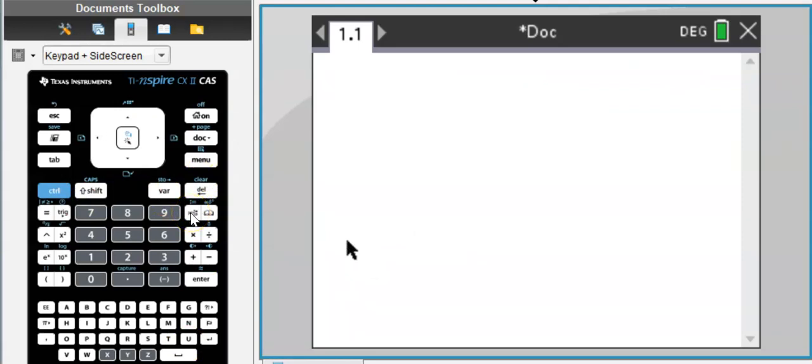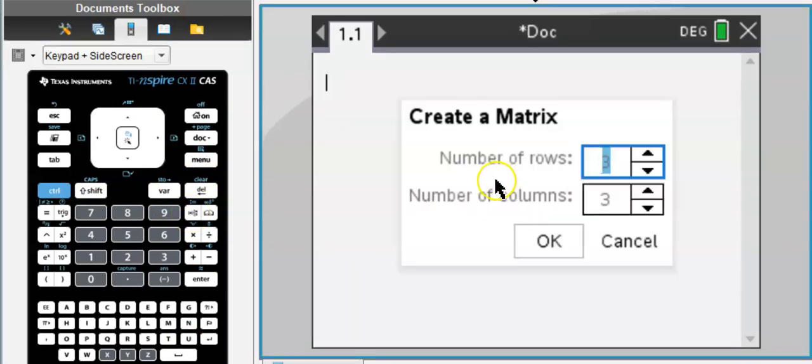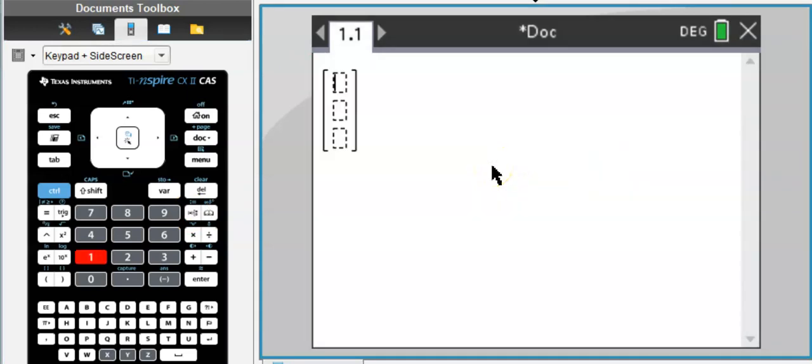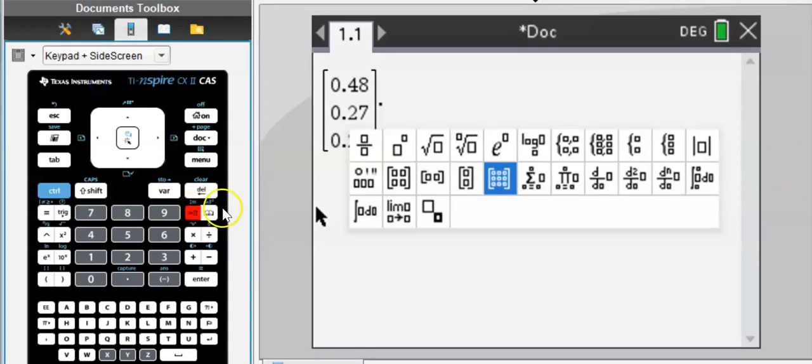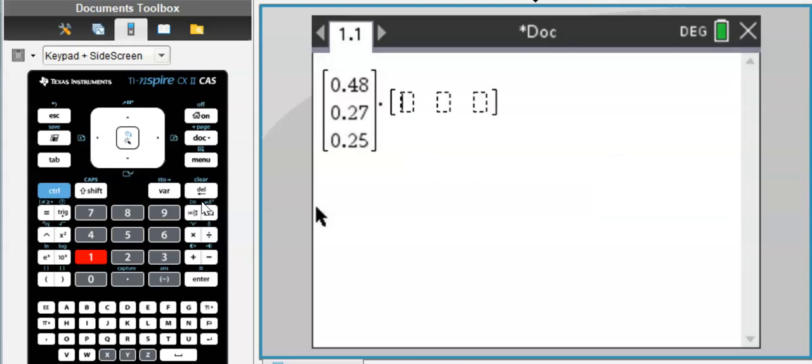Okay, so entering matrix P first. P was a 3 by 1 matrix. And we can enter those values in, 0.48, 0.27 and 0.25. And we're wanting to multiply that by our matrix V. V was a 1 by 3 matrix.